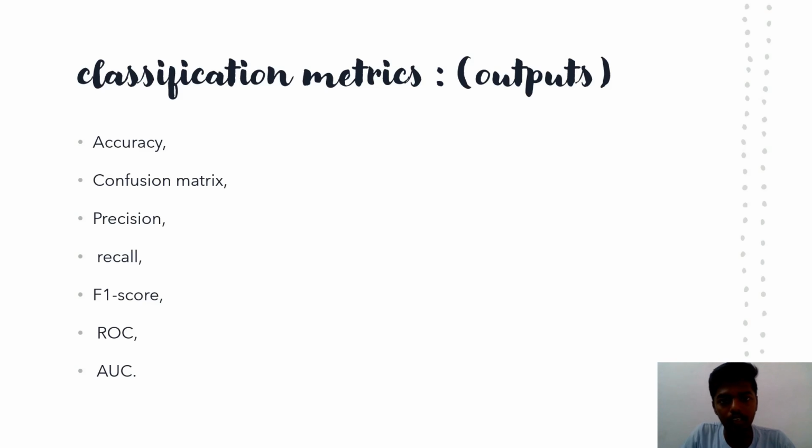For example, if we build a decision tree classifier model, we can find the output using the confusion matrix. We can easily see the true positives and so on, and we can see the precision value, the recall value, and the F1 score.